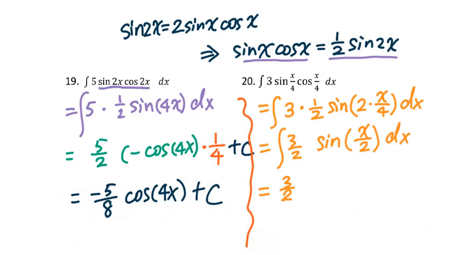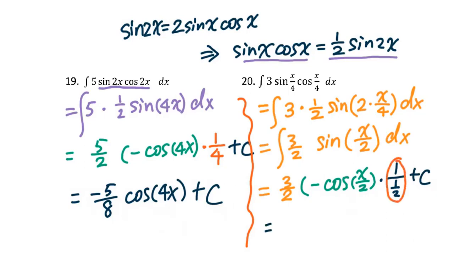That will be negative cosine x/2. Don't forget 1/a, that means 1 over 1/2. Then plus c. 1 over 1/2, this will be 2. Therefore, after you reduce this 2 and this 2, you will get negative 3 cosine x/2, then plus c.